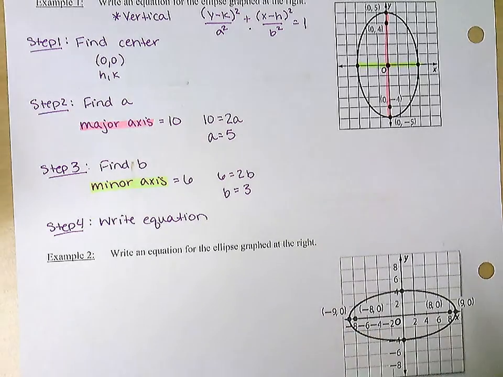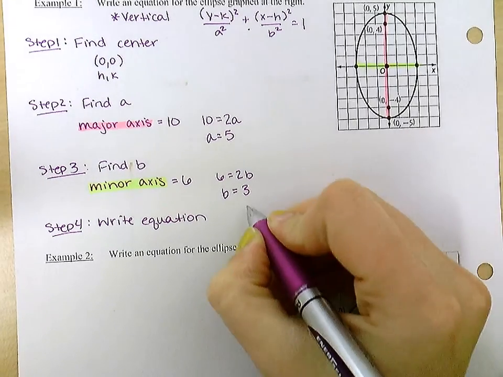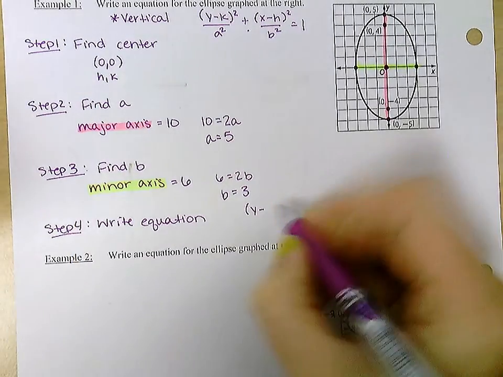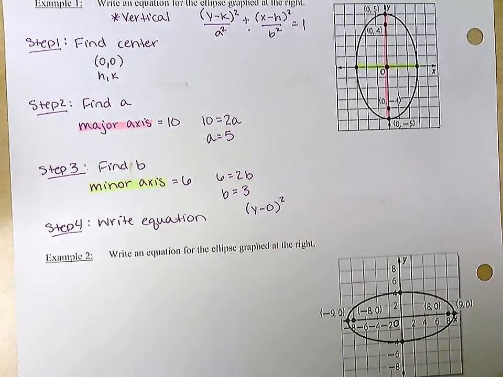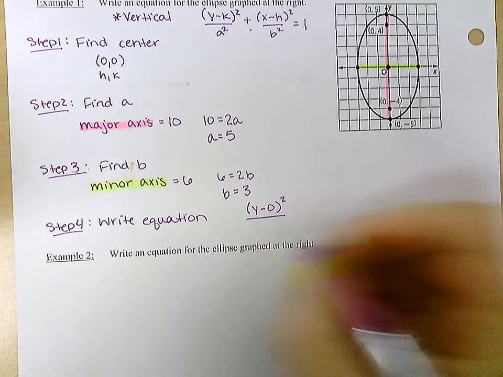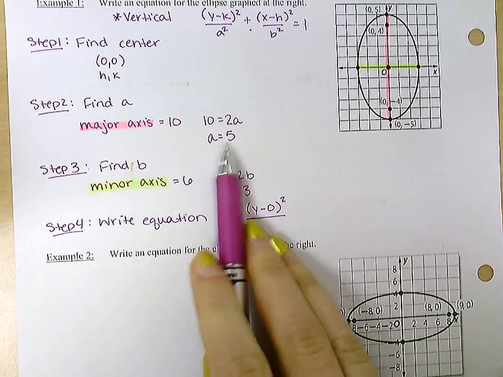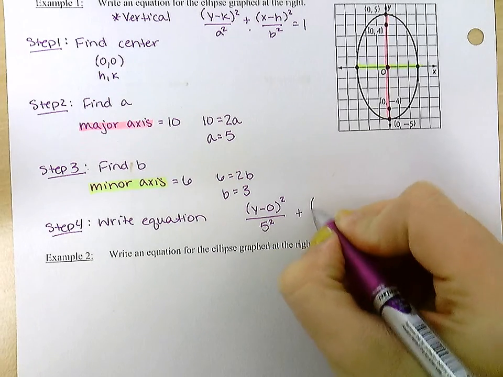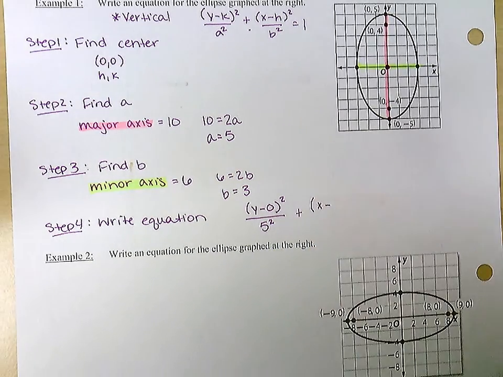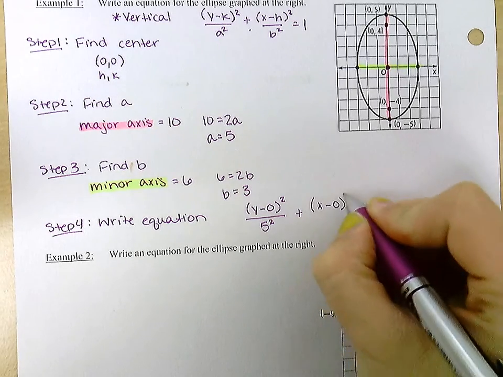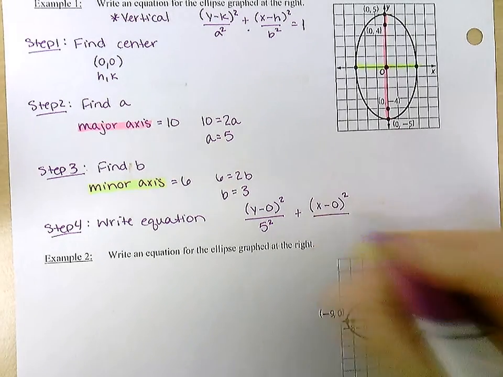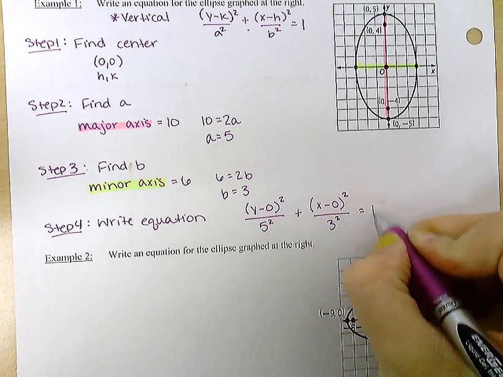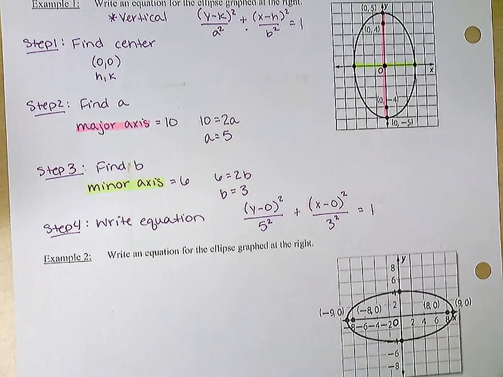We just need to plug in our values. So we have y minus our k value, which is 0, that quantity squared, over our a value, 5 squared, plus x minus the h value, which is 0, that quantity squared, over our b value, 3 squared, and that has to equal 1.